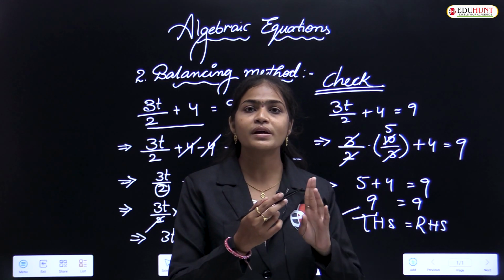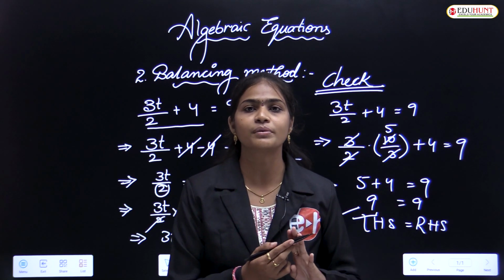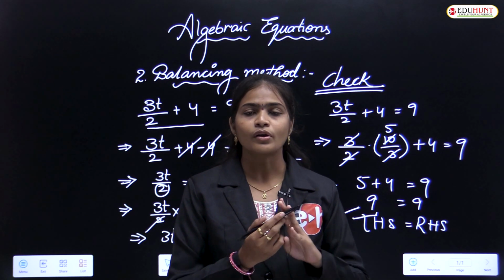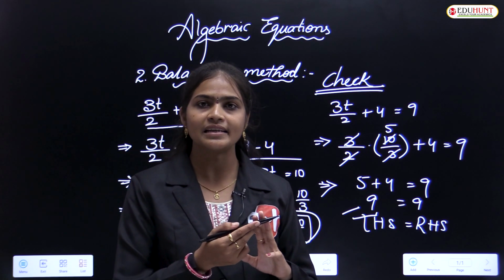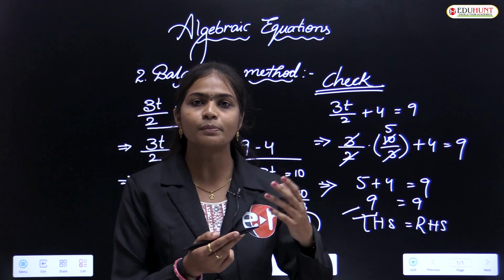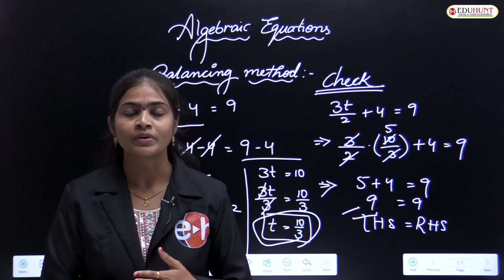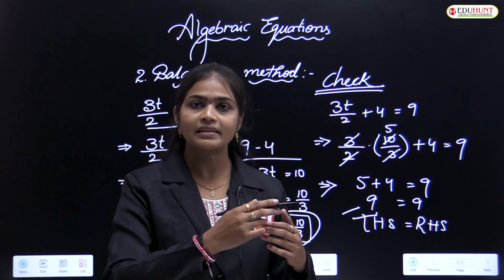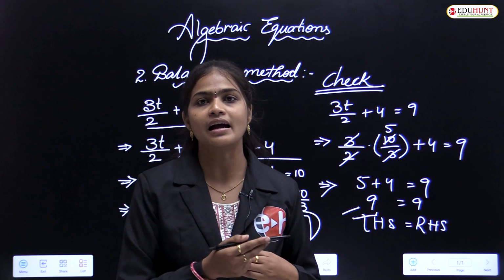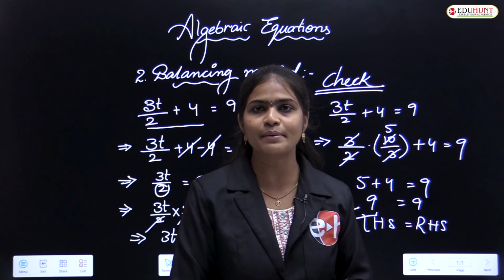By which number we subtract from the LHS, the same number should be subtracted from the RHS. Next, multiplication. By which number we multiply the LHS, the same number should be multiplied on the RHS also. And division. By which number we divide the LHS, the same number should be used to divide the RHS also.